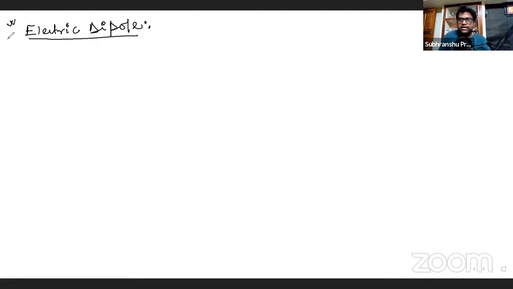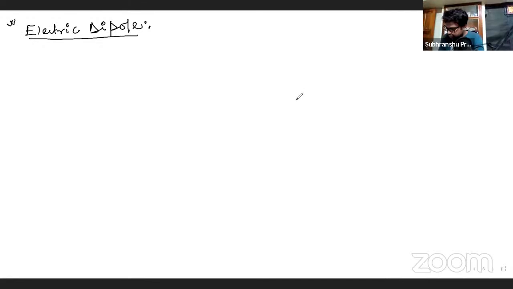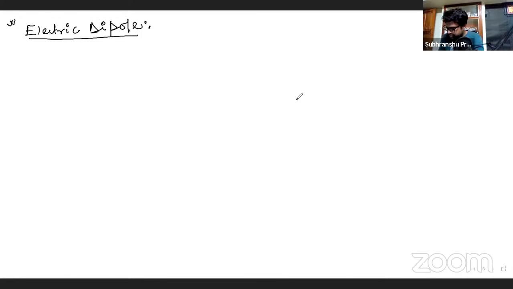Electric dipole means it will have two poles. Two poles means one positive and one negative charge.